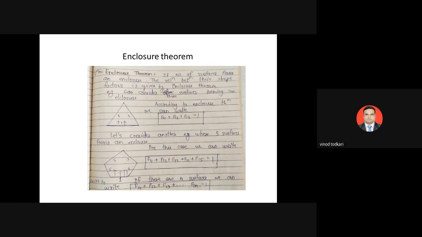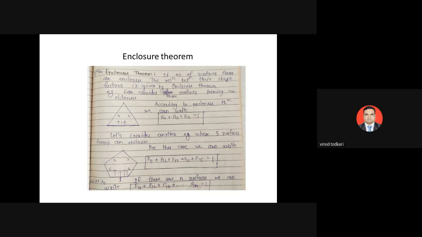It will be 50 upon 100, which is nothing but 0.5. What is F13? Fraction of energy emitted by 1 which is intercepted by 3. It will be 50 upon 100, so 0.5. So 0 plus 0.5 plus 0.5 will be equal to 1.